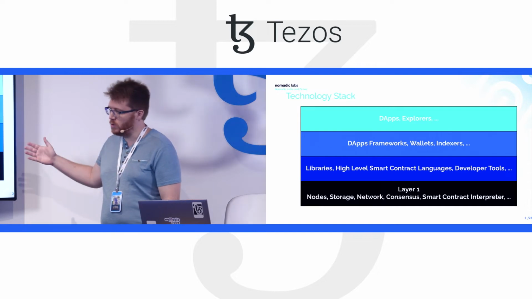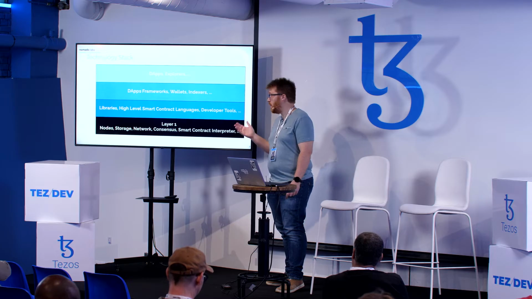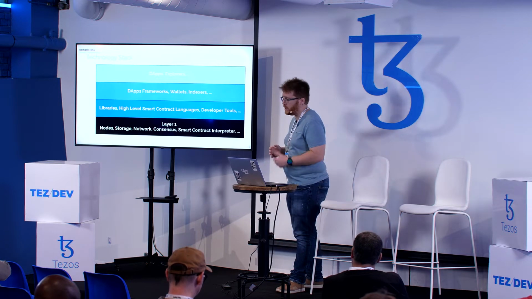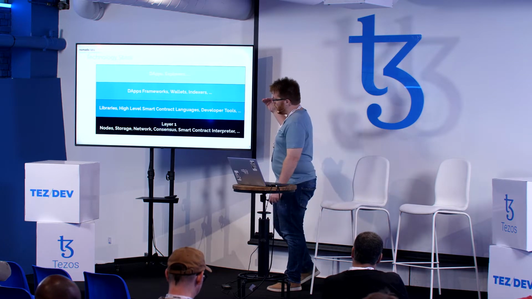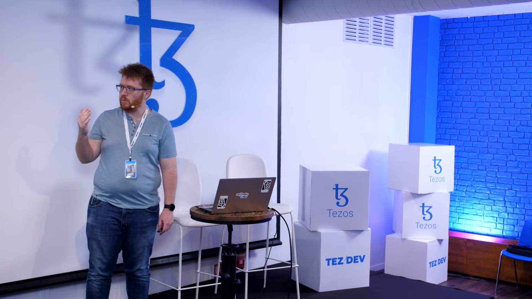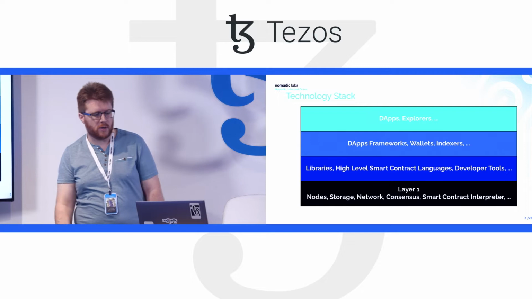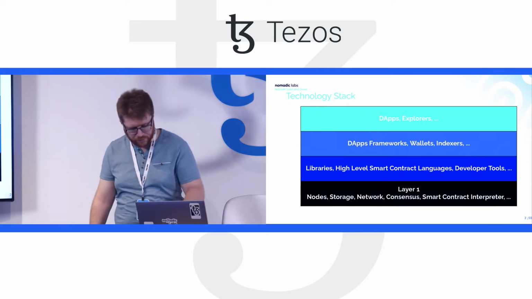On top of that, you will find libraries, high-level smart contract languages, developer tools, and you've seen many of them already. Even higher, you will find full dApps frameworks, and the first layer of application, I'd say, wallets, indexers. And even further, you will find dApps and higher level tools that are built on top of those, like explorers that are heavily using indexers, of course.